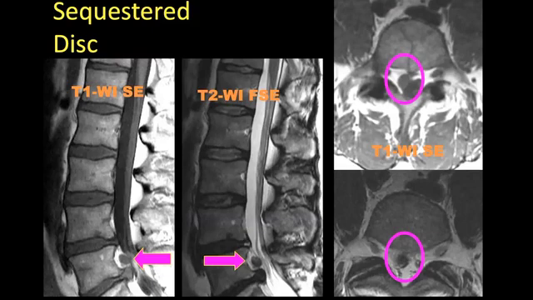Now, in terms of migration and sequestration, it was previously felt that sequestered discs would not be likely to respond to, say, conservative or percutaneous therapy, such as a spine injection. That's actually not the case. So again, simply seeing a sequestered disc doesn't mandate surgery, doesn't mean that it has to be treated by surgery.